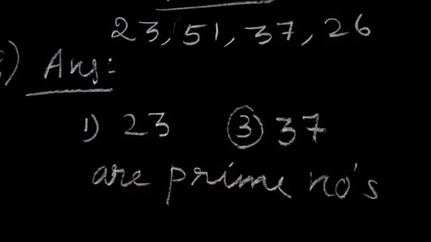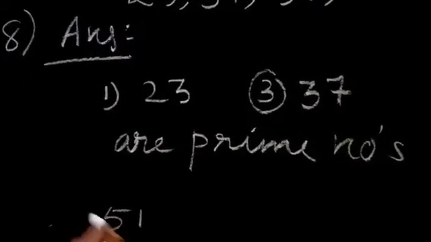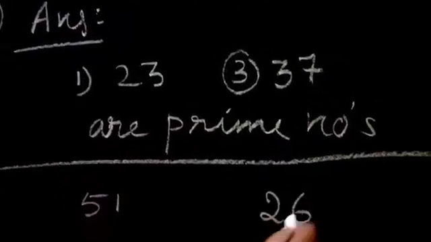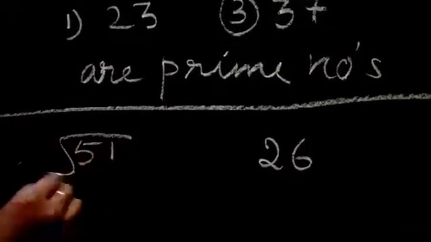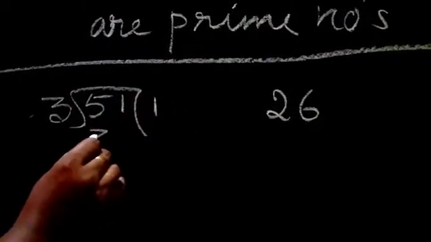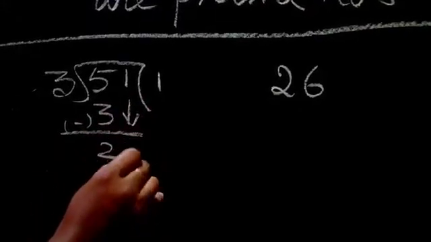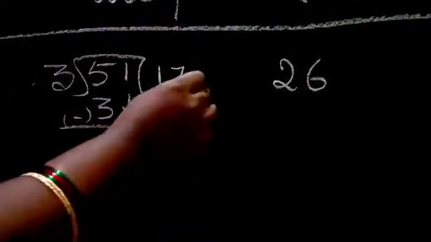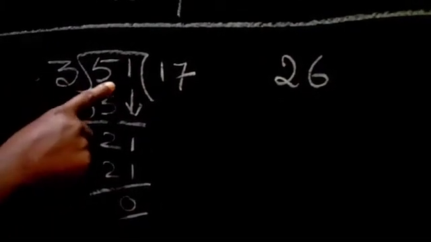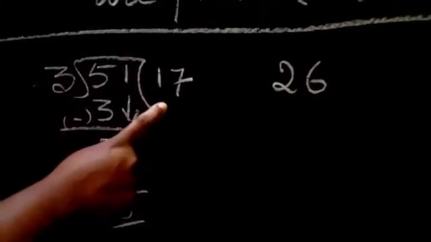Which are not prime numbers? 51 and 26. 51 will go in the third table also, because 1 3s are 3, remaining 2, bring this one down. Now 7 3s are 21. So 51 will go in the 51st table one time, the third table, and the 17th table.